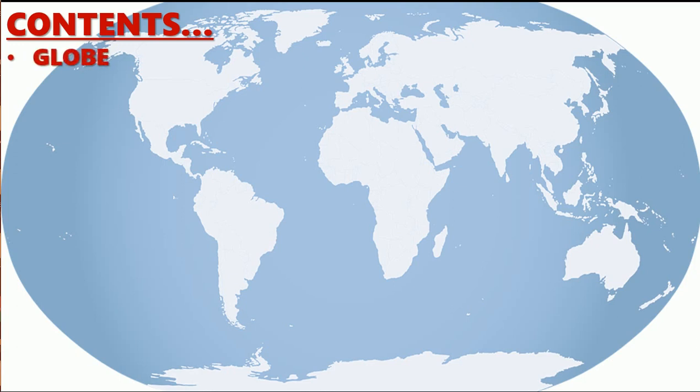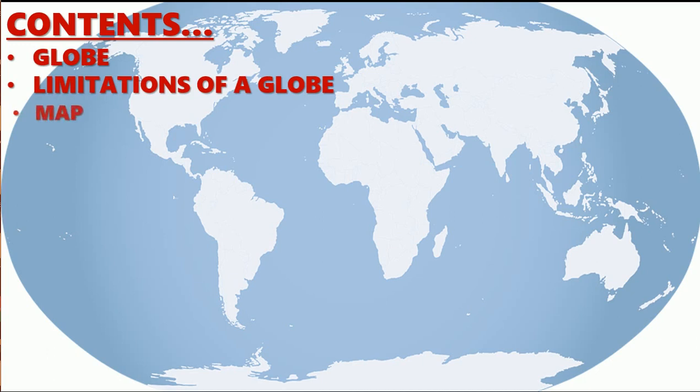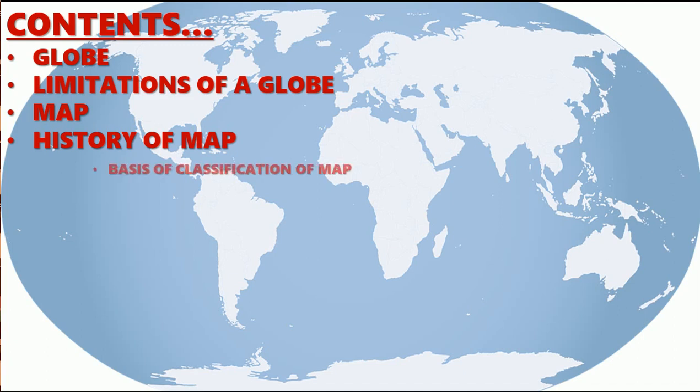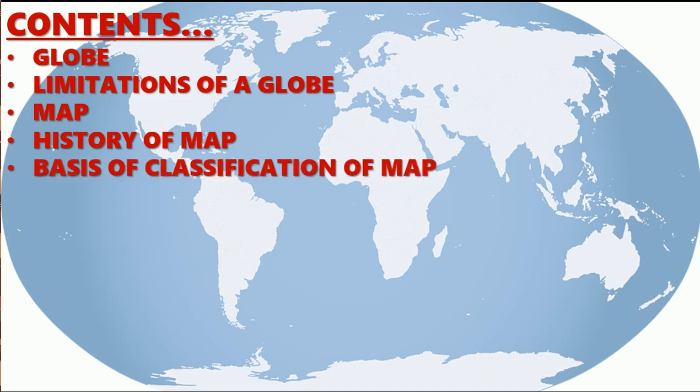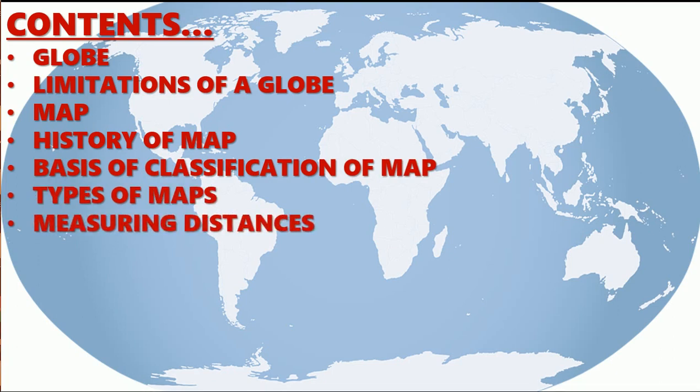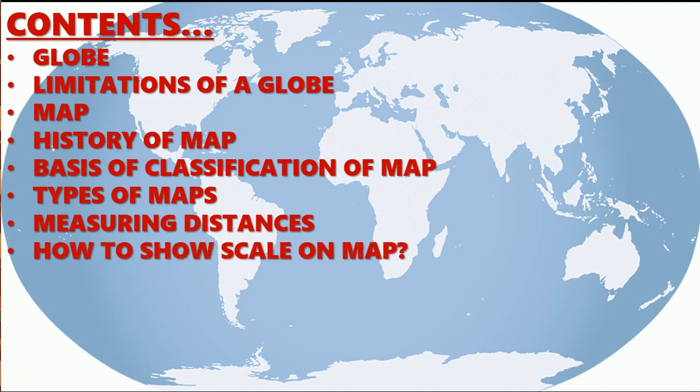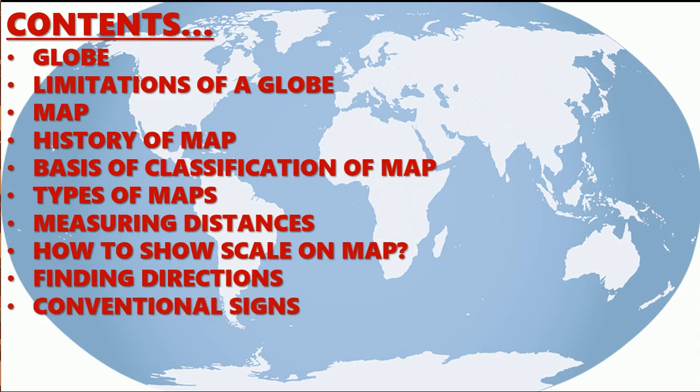Globe, limitations of a globe, map, history of map, the basis of classification of map, types of map, measuring distances, how to show scale on map, finding directions, conventional signs, sketch, plan.